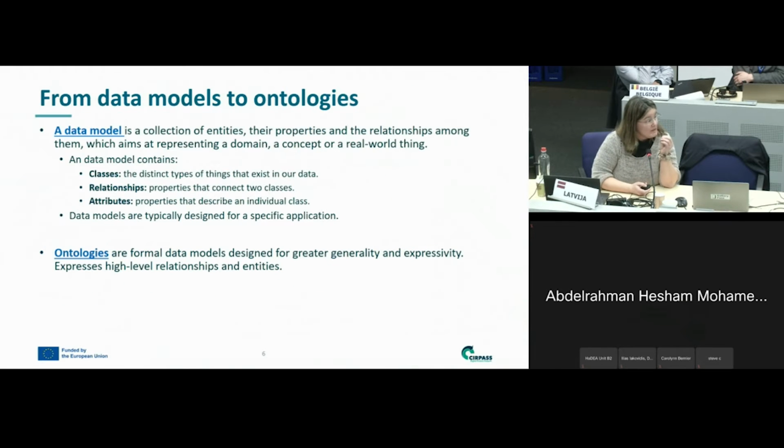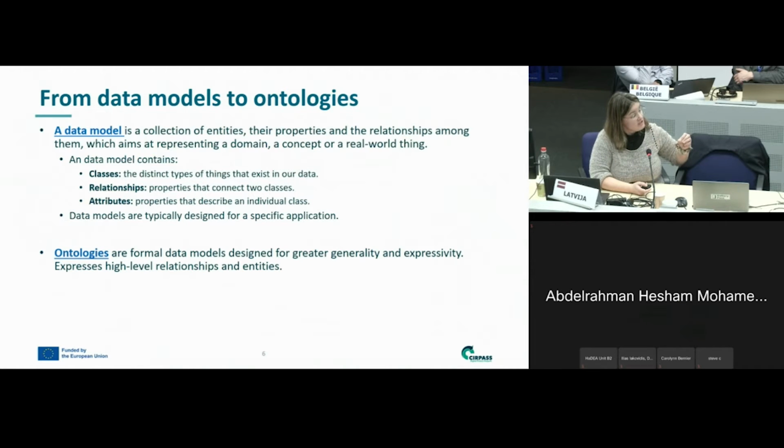Okay, so we understand that we need data models and ontologies. So what's the difference between the two? A data model is a collection of entities, properties, and relationships among them, which represent a domain, a concept, or a real-world thing. So the data model contains classes, relationships, and attributes. But data models are generally designed for very specific applications.